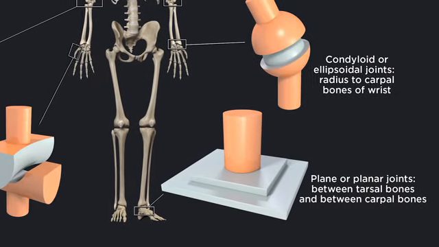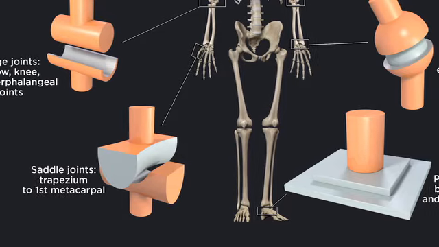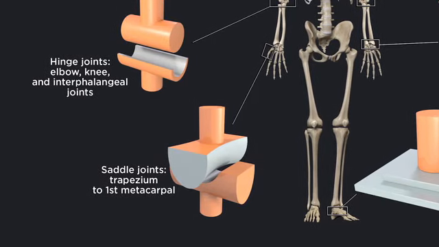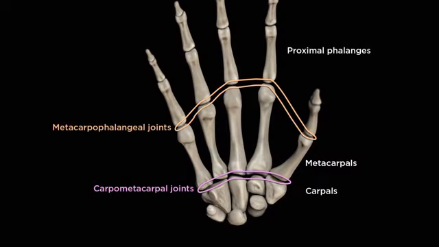But the carpometacarpal joint on the thumb is a saddle joint. That's a joint in which one bone acts like a saddle and the other fits into it like a rider. The result is our incredible primate thumb that can flex, extend, abduct, adduct, and rotate into opposition.